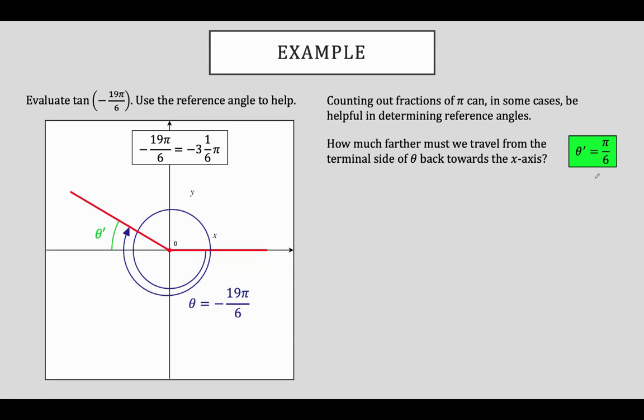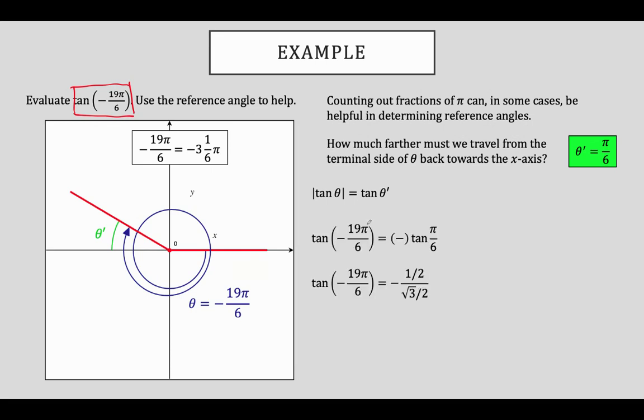Okay, so now we're trying to evaluate the tangent of negative 19 pi over 6. We can do so by evaluating the tangent of the reference angle, pi over 6, and then determining the sign that needs to be put in front. Well, our angle theta ends in the second quadrant, and we know that tangent is going to be negative in the second quadrant.